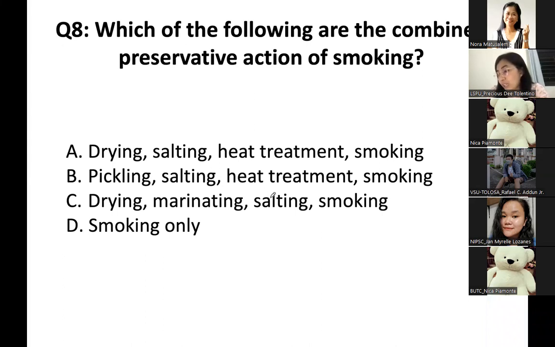May sumagot na ng letter A, C, C, B. Varied yung sagot ninyo about the others. Sumagot ng B. Ayan, if ganito yung sa inyo, class, parang confused kayo, balikan ninyo lang yung pinag-aralan ninyo sa smoking. Paano ba mag-prepare ng smoked product? Paano ninyo ba siya ginagawa?